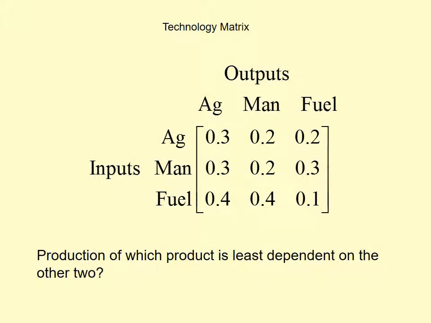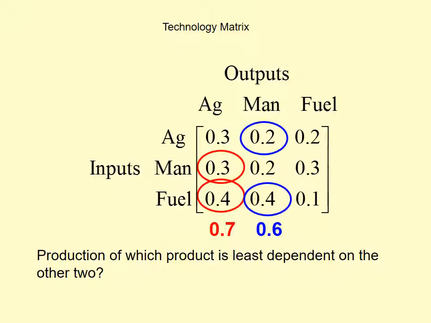Now this one is a little more involved. Production of which product is least dependent on the other two? The production of agriculture would be the first column, and it's dependent on manufacturing and fuels, total of 0.7. Manufacturing is the second column.